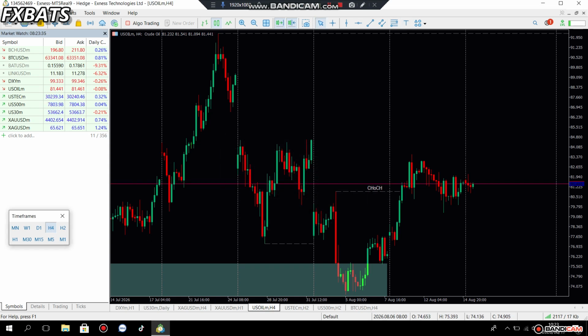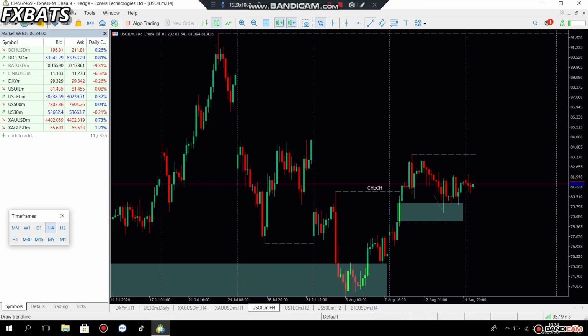It's clear enough that price shifted to the upside. After price shifted to the upside, we had what we call external range liquidity, which was taken. Again, price came to the discounted PDRA, which was our area of fair value gap, where we are now reacting to continue pushing upwards. So this is my target. I'm hoping to see price continue to the upside.